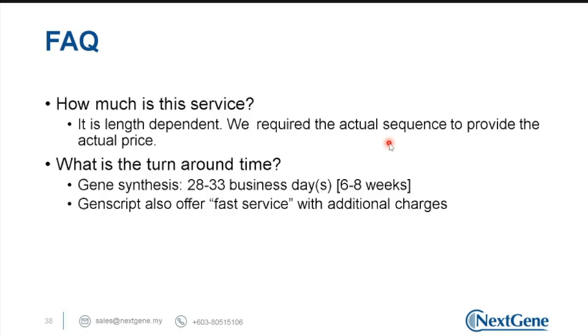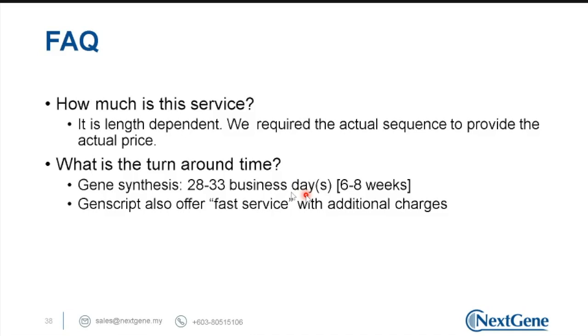And next, what is the turnaround time? In general, with the quotation, we will also mention the duration that we need to deliver the sequence. In general, we need around 28 to 33 business or working days, not including public holidays or Saturday and Sunday.